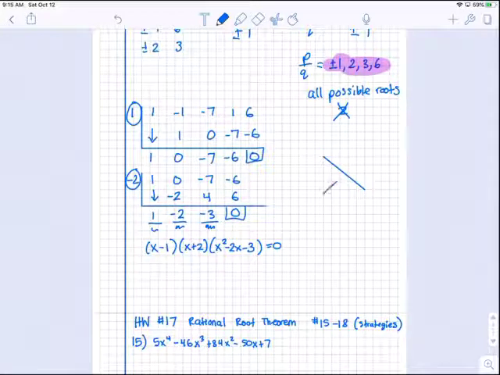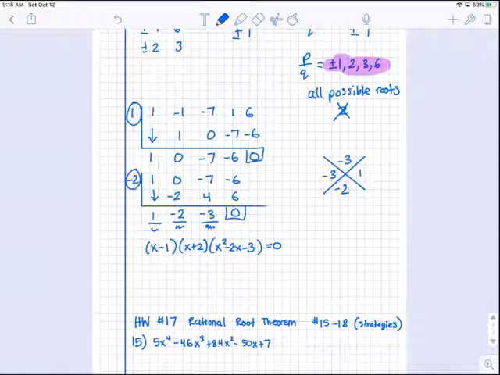Remember, to get the top, it's the leading coefficient of that trinomial, which is 1, times the c value, which is -3. So -3. And on the bottom is the middle term's coefficient, or the b value, which is -2. What times what will give you -3, but when added gives you -2? Well, it's -3 and 1.